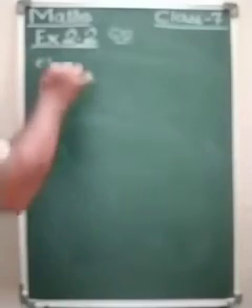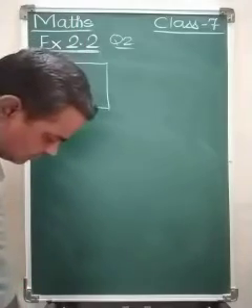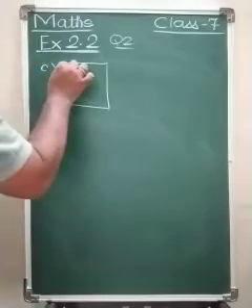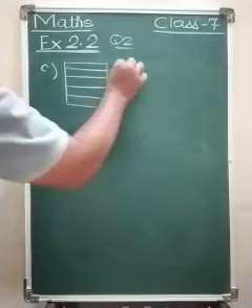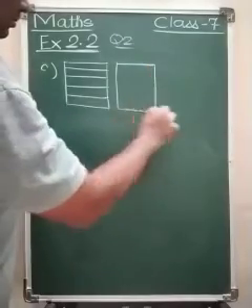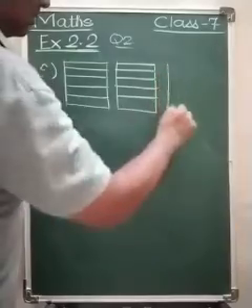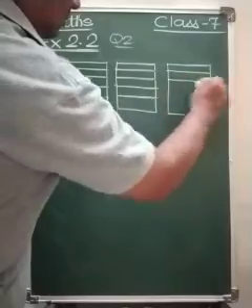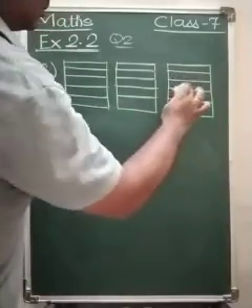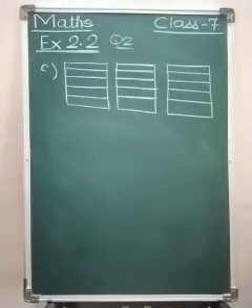Okay, so here we are going to solve the C sum. Maybe the fractions or the parts may not be seen as equal.